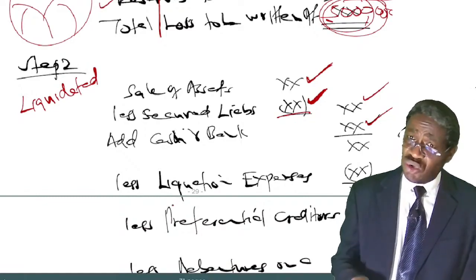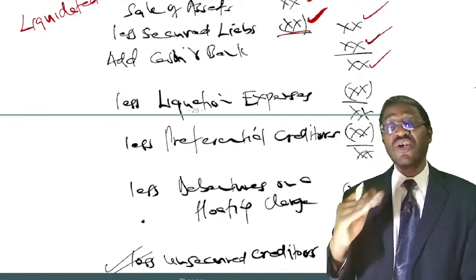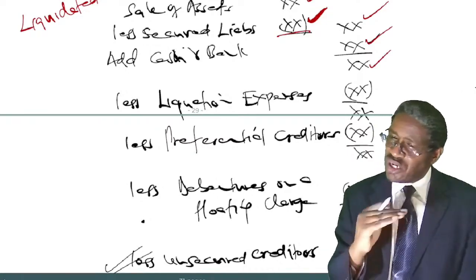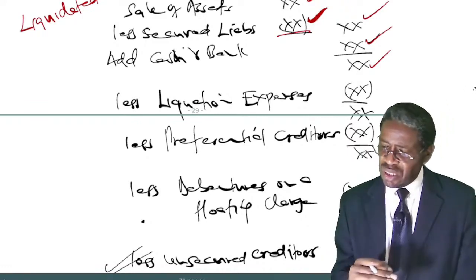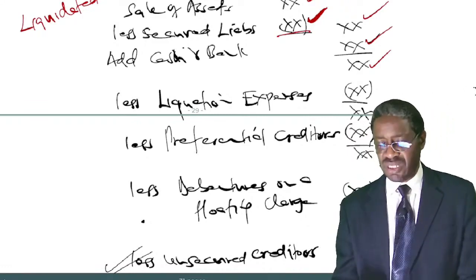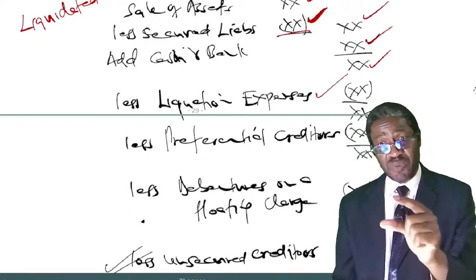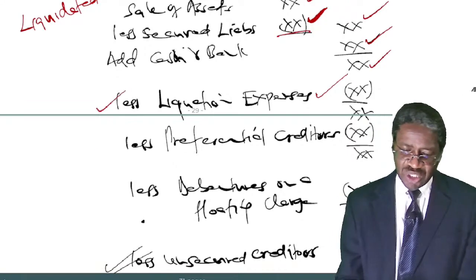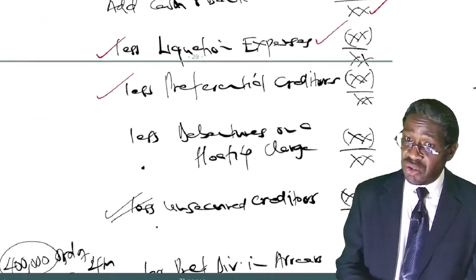Once you pay the secured creditors and money is still remaining, we went on and looked at the priority of the other liabilities. After paying the secured creditors, we said the next liability to be paid will be liquidation expenses. Once you pay the liquidation expenses and money is still remaining, we said you pay the preferential creditors.